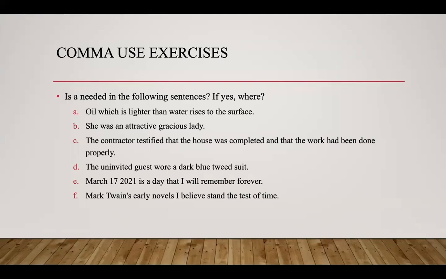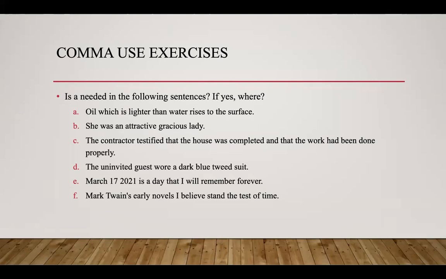Well, we need a comma, exactly before the word and. Now remember the FANBOYS: for, and, but, nor, so, and yet. Once they connect two sentences, you should place a comma before the connecting word. So: the contractor testified that the house was completed, comma, and that the work had been done properly.